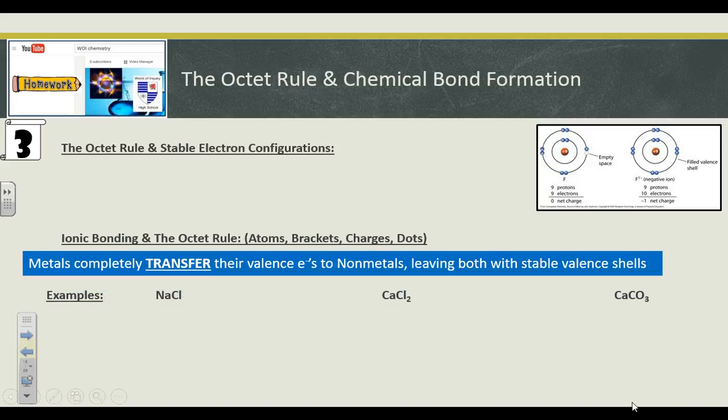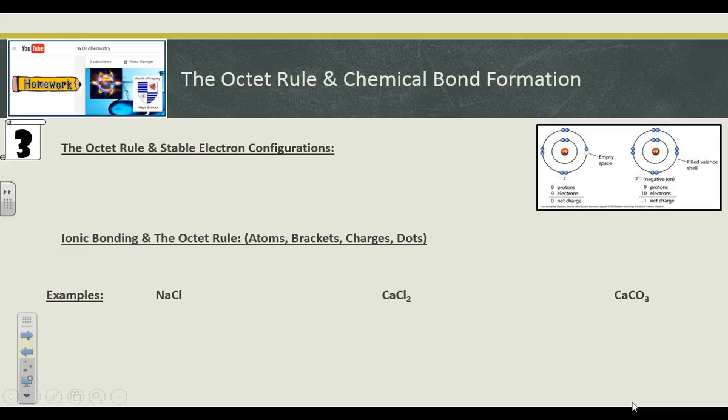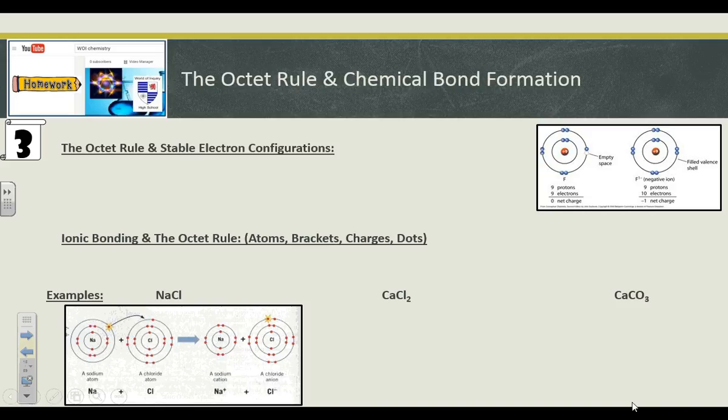Ionic bonding. This is the complete transfer of electrons from the metal to the nonmetal, leaving both with a stable valence shell. And I have some pictures to show you what that looks like after you write that. Now you're going to pause and draw something similar to this picture, because here's the Bohr diagrams that show you the sodium atom is going to lose an electron.